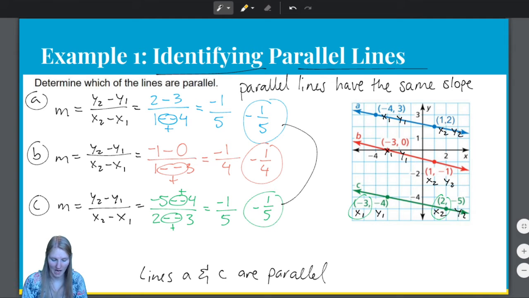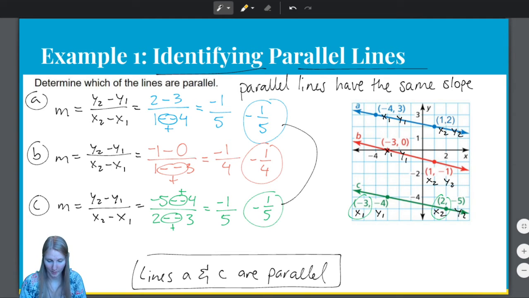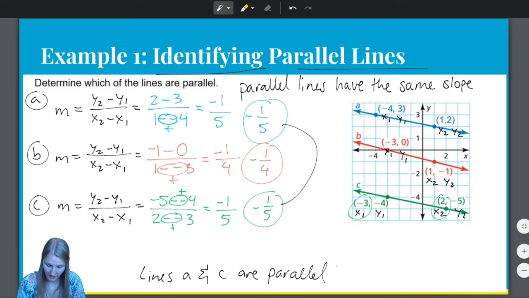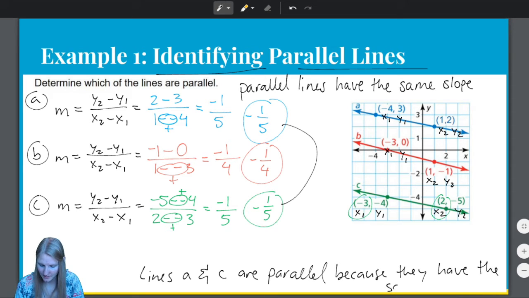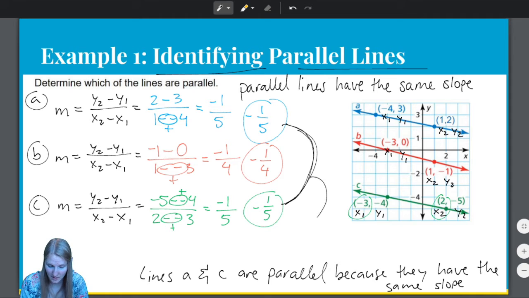So, lines A and C are parallel because they have the same slope. And remember, that's the most important part: because their slopes are the same, they are parallel. If the slopes are not the same, they are not parallel.